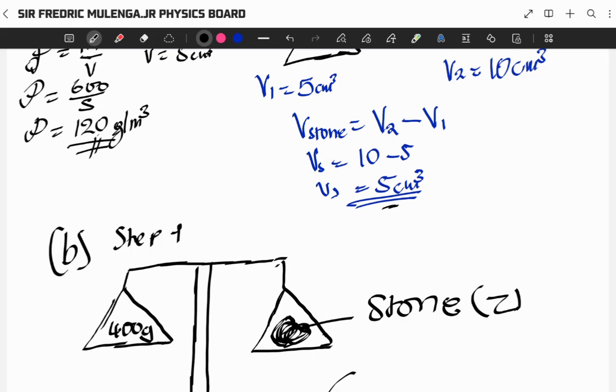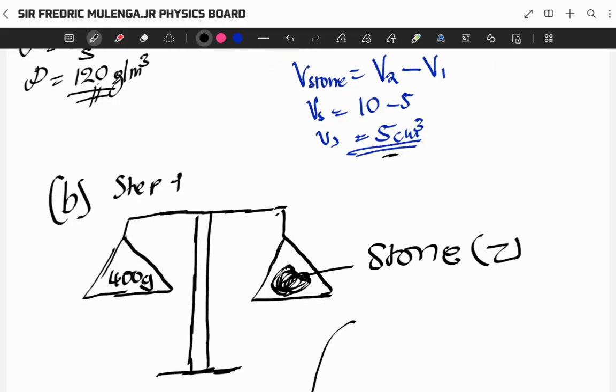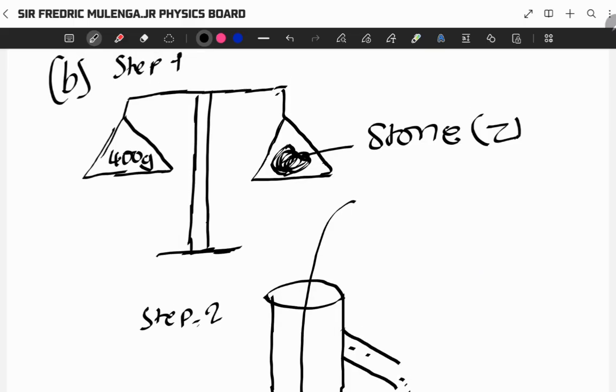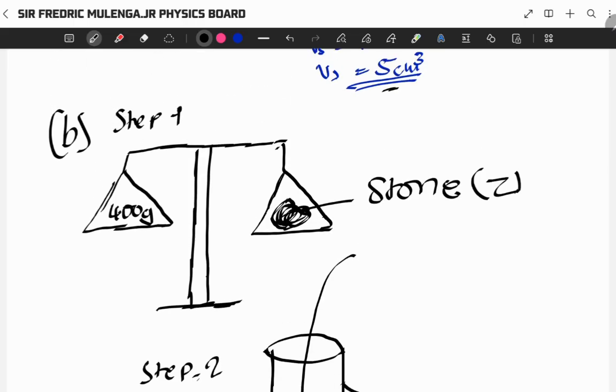So we have a stone on one side and the known mass is 400. This also means that this stone has a mass of 400 as well.